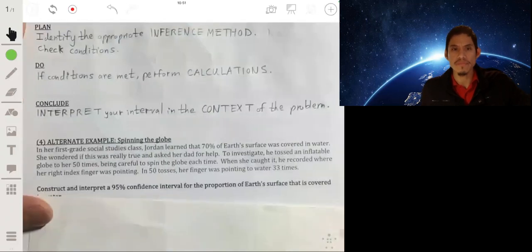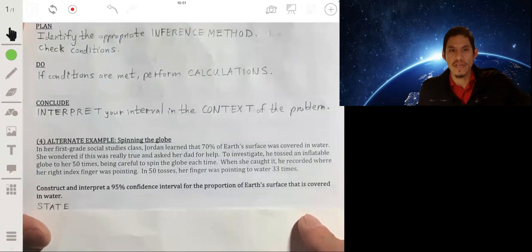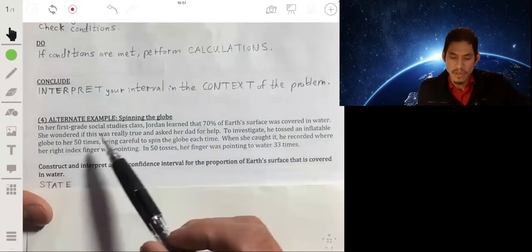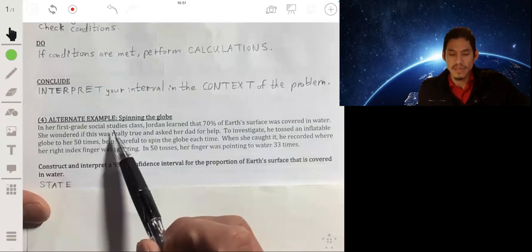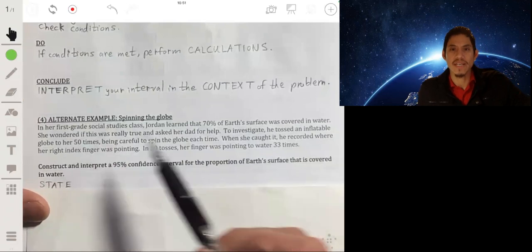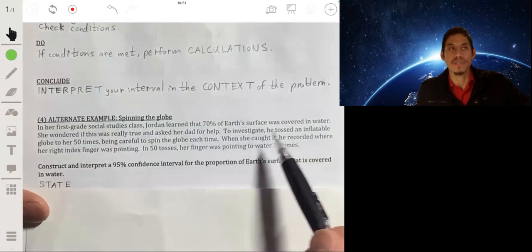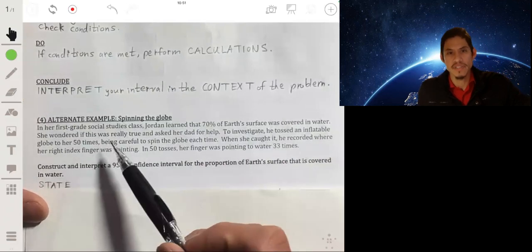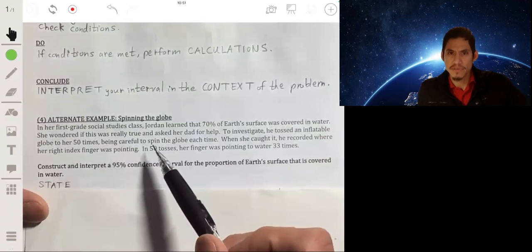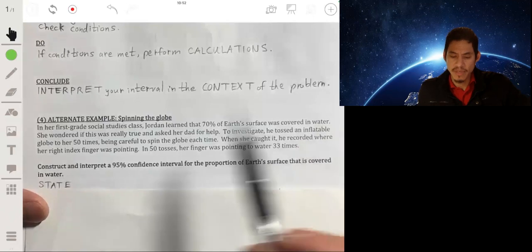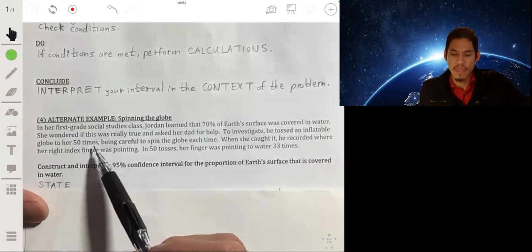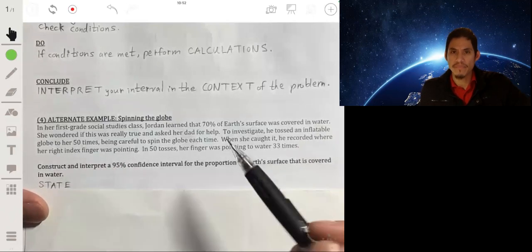So let's say we have this problem where Jordan learned in her first grade social studies class that 70% of the Earth's surface was covered in water. And she was wondering, is this really true? And asked her dad for help. So to investigate, he tossed an inflatable globe to her 50 times, being careful to spin it.